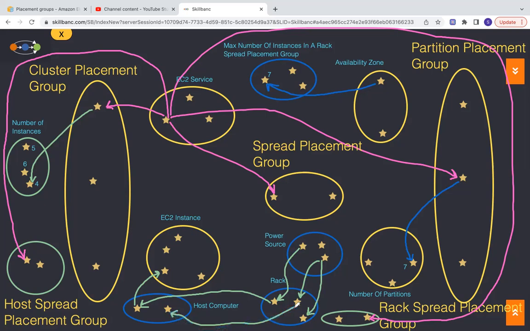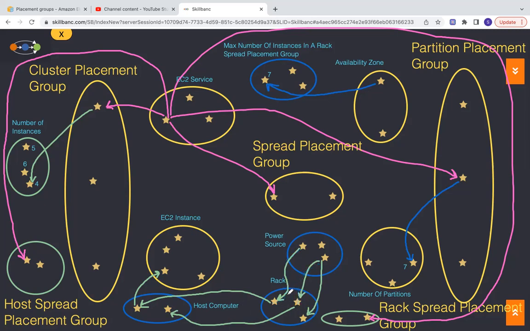Suppose you want your instance to be on two different racks. So you have to make sure that you put that instance in these two different host computers. So one should be here and the other one should be here. Only then are you separating the racks. When you separate the racks, the power source is also separated, right?